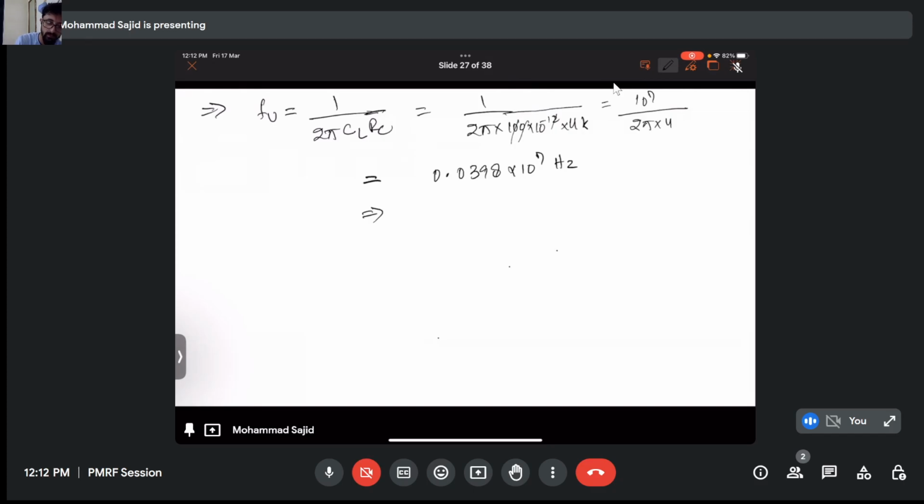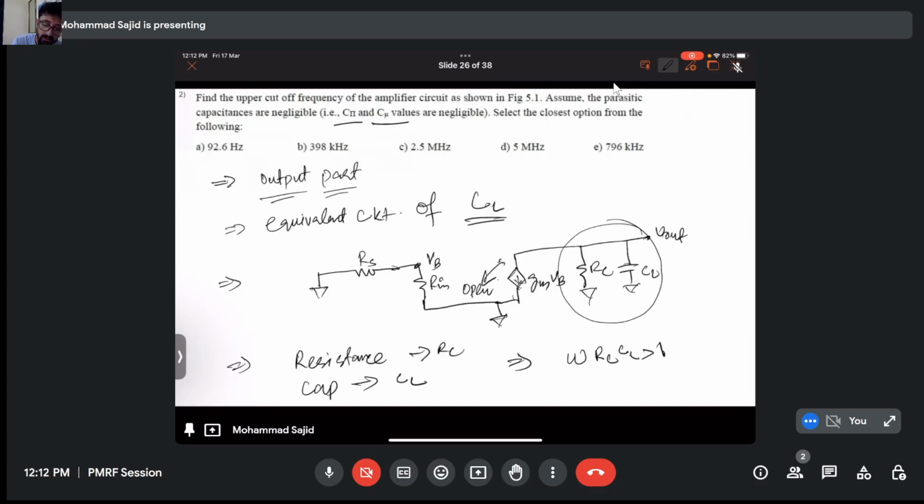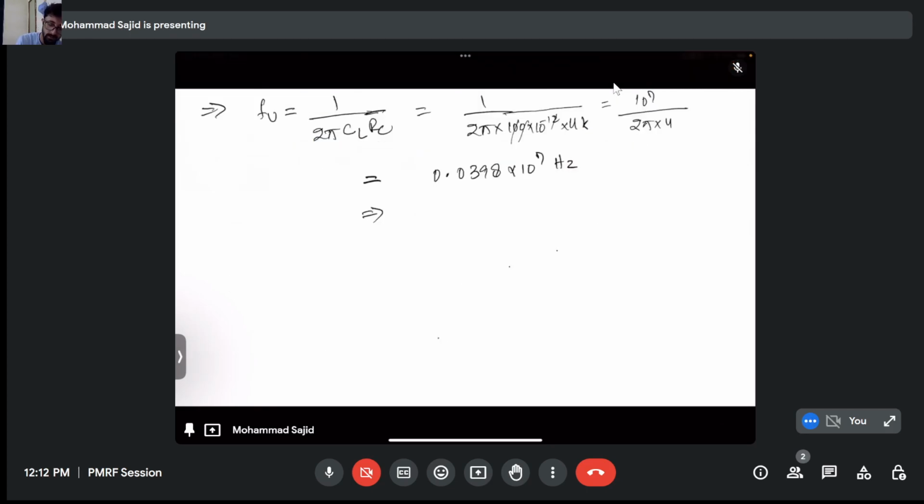Let's see what our options are first. Here 398 kilohertz is one option. So if I simplify this, I will get 398 kilohertz.